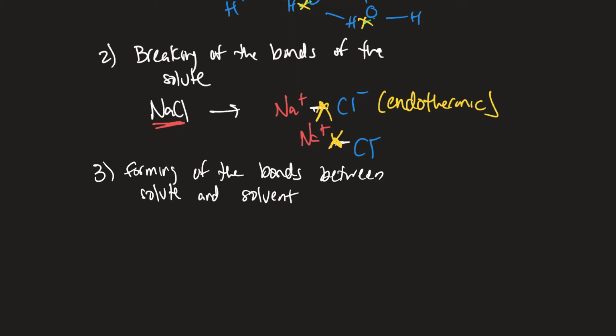So what does this mean? Now you have your sodium ions. What's going to happen is that the oxygen side of the water molecules is attracted to the sodium ion. Why is this the case?